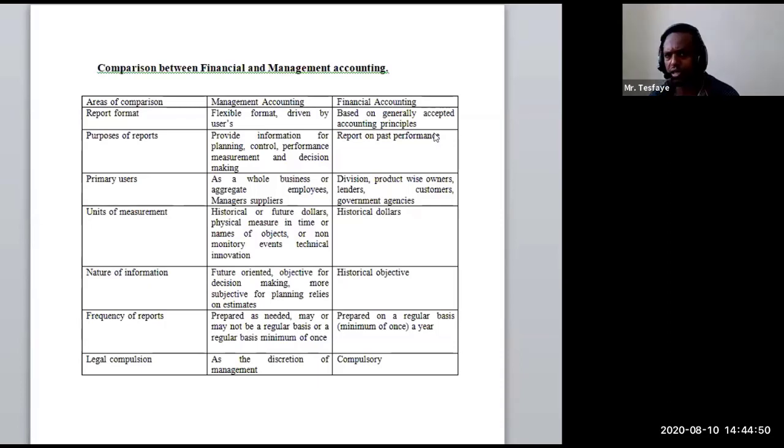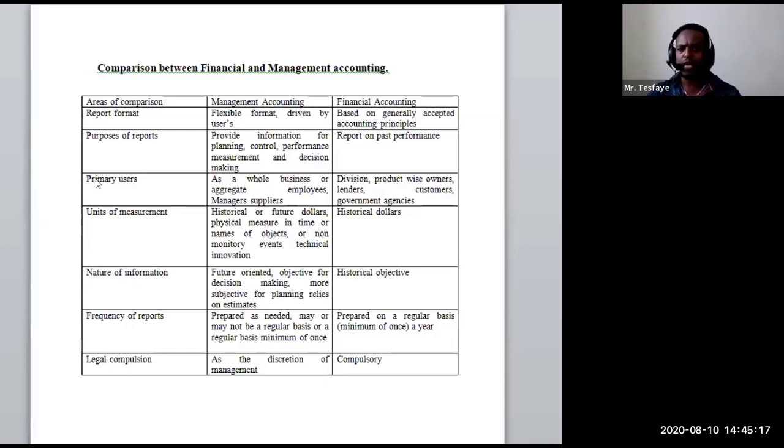In the financial accounting course, we start from transactions, make adjustments, make postings, and prepare a trial balance. So certain steps go on, and then at the end we have the financial statements. So it depends on past performance only.